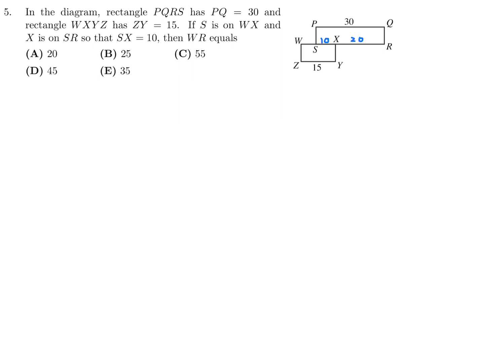And in a very similar way, if this is 10 and this is 15, then this little guy, WS, must be 5. So they want WR. Well, WR is all the way from W to R, which would be 5 plus 10 plus 20, and therefore that makes WR equal to 35. So number 5, the answer is E.